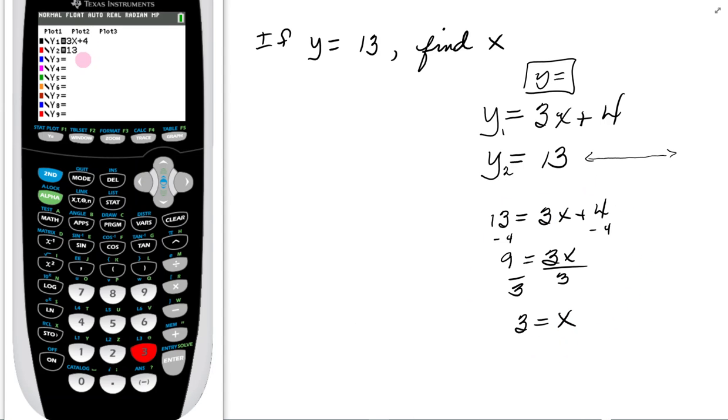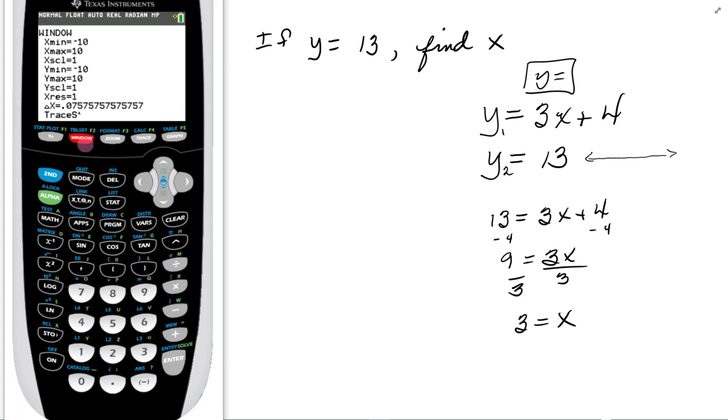All right, we have these. Now, I typically start with a zoom 6. There is the first function, and I'm anticipating seeing a horizontal line. But the line is supposed to be at y equals 13. Does this go all the way up to 13? No. In a standard viewing window, it only goes up to 10.